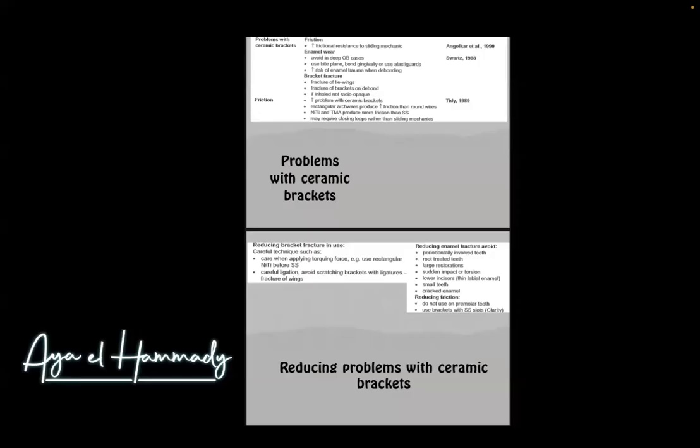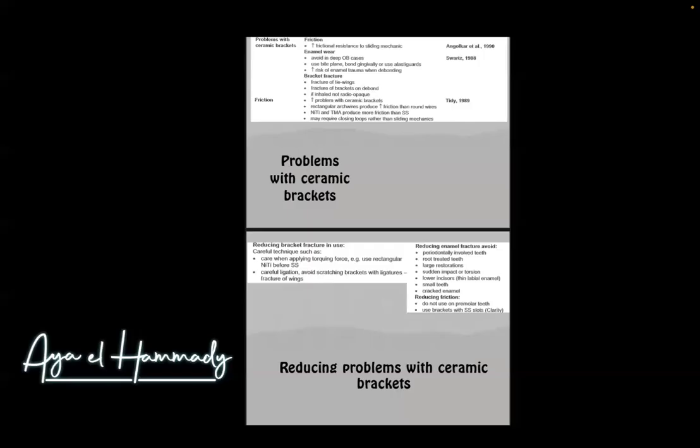I'm not going to use the silane bond. And also to avoid the enamel wear problems, I need to be careful in the deep bite. In a deep bite, we have no occlusal stop. The teeth are occluding on each other. It may lead to what? To the breakage of the ceramic brackets and to enamel wear as well.